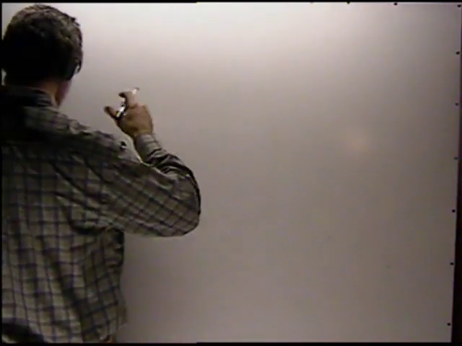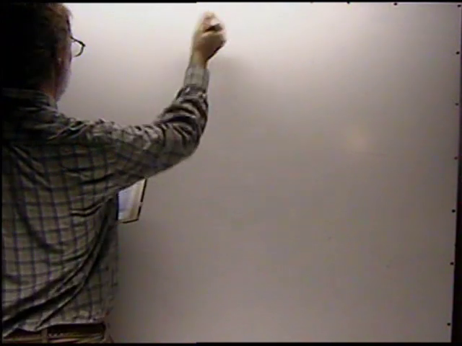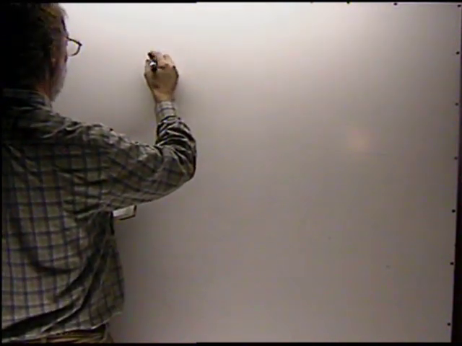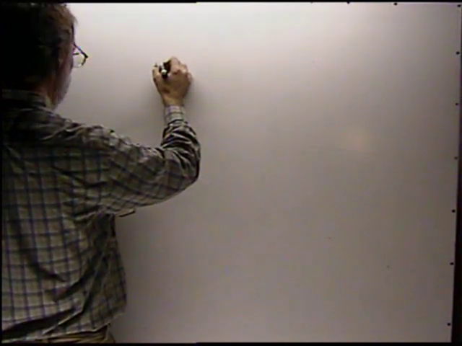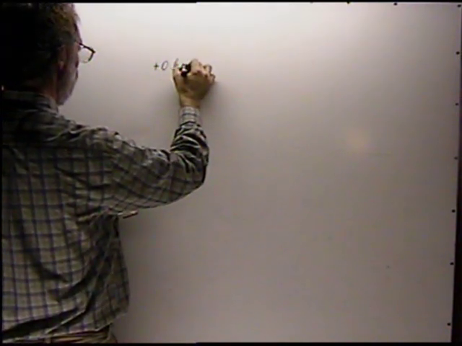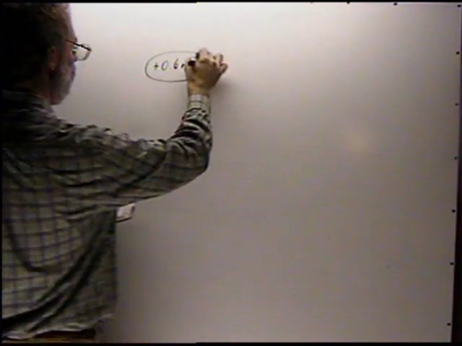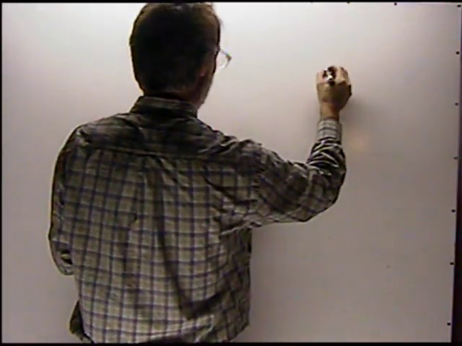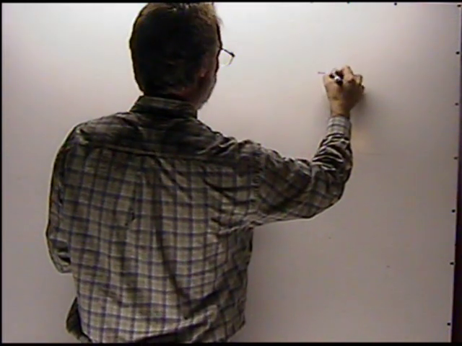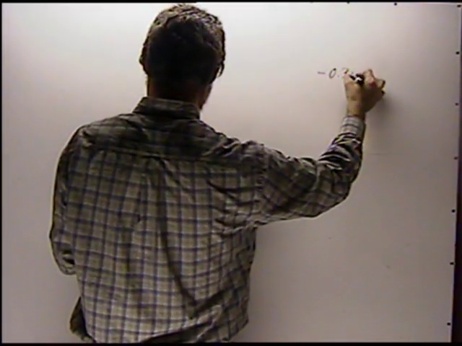We have two charges. What do we have? We have a plus 0.6 millicoulomb charge here. Then we have a minus 0.3 milli.